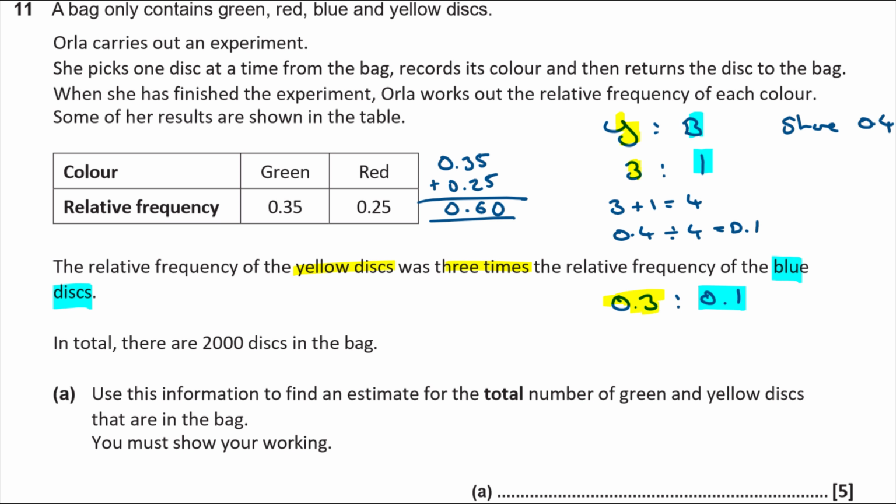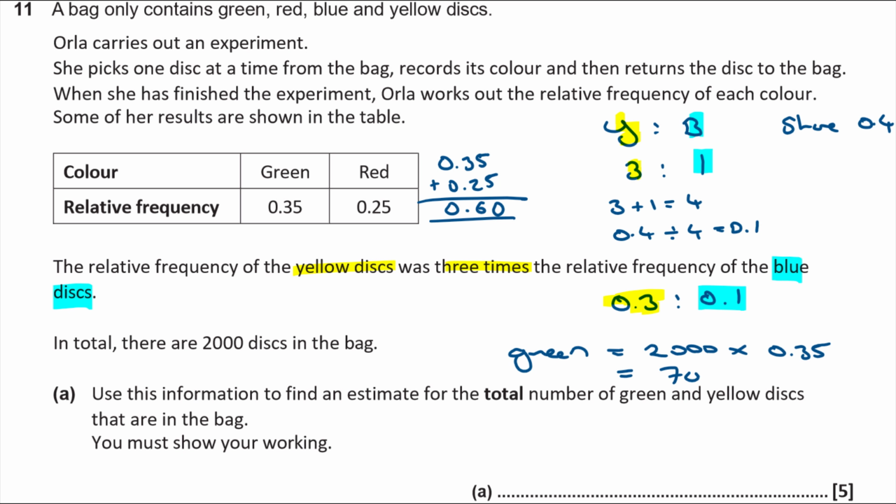So if in total there are 2,000 discs in the bag, I need to work out the total number of green and yellow discs. So the number of green discs is going to be 2,000 times 0.35. What's that then? So 1,000 times 0.35 would be 350. So 2,000 is going to be 700, isn't it?